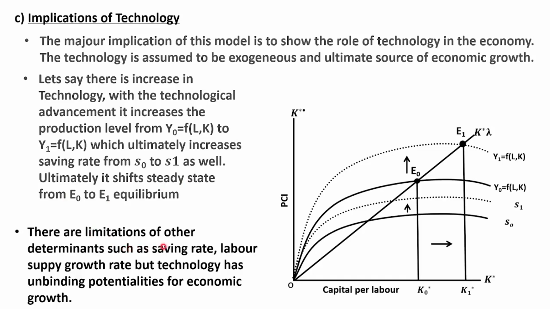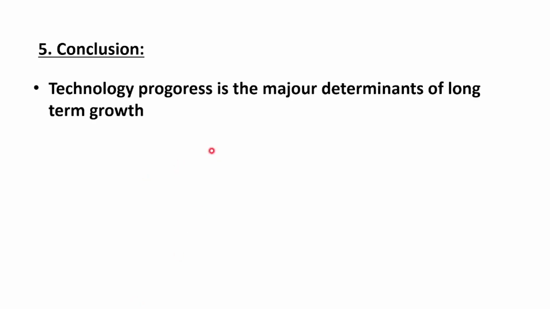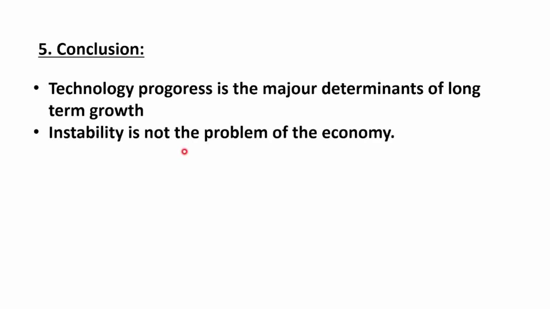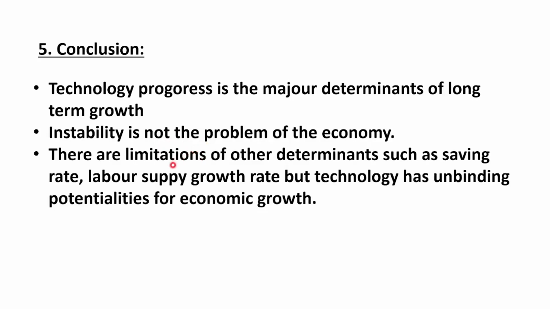There are limitations of other determinants such as saving rate and labor supply growth rate, but technology has unbounded potentialities for economic growth. So in conclusion, technological progress is the major determinant of long-term growth rate. Okay, now let's go to the criticisms of this model.